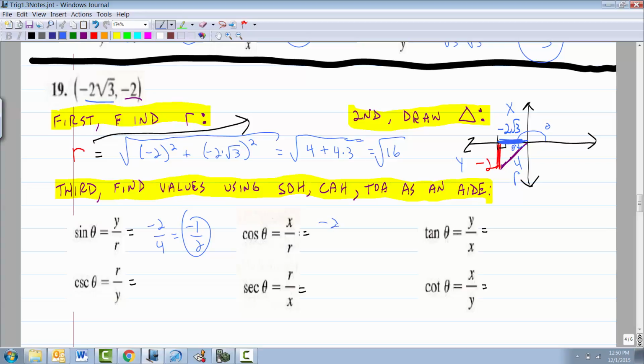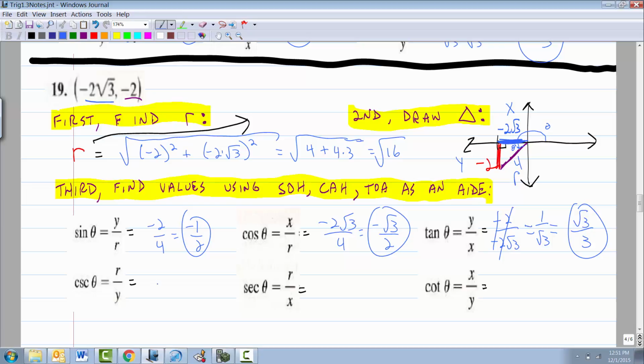But anyway, x over r is negative 2 root 3 over 4. Does this reduce? Yeah, the answer is yes. It's negative 3 over root 3 over 2. Tan is y over x, so it's negative 2 over negative 2 root 3. Does anyone know what this becomes? Boom, boom. So now this is 1 over root 3, which is root 3 over 3 when you rationalize.